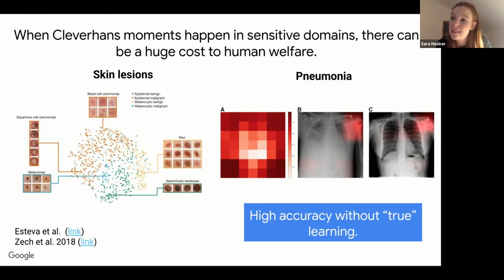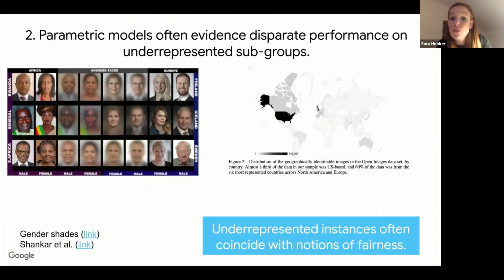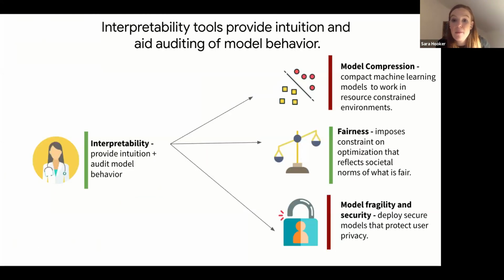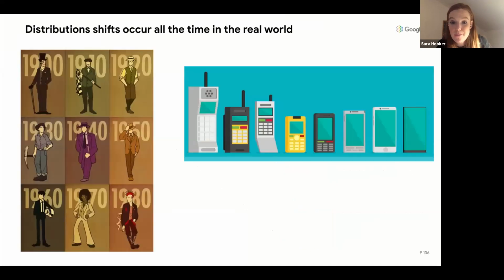In both these cases, this really impacts how the model performs across the distribution. And then, of course, we also know that parametric models often evidence disparate performance on underrepresented groups. So I'm going to stop here, but this is also a very important area: how do we audit behavior and how do we think about interpretability tools.